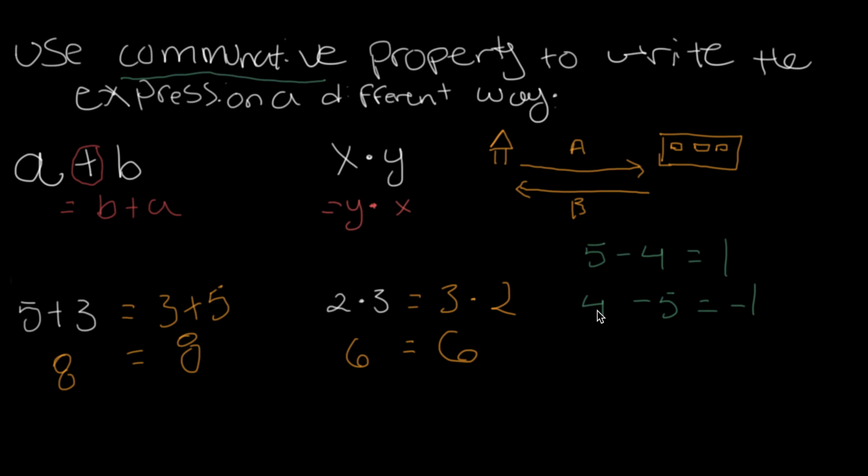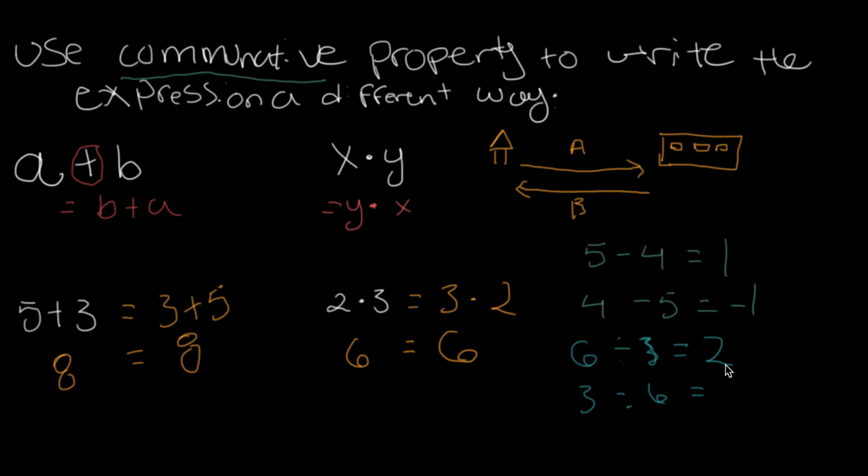So what if we were to try it with division? Let's say we did 6 divided by 3. 6 divided by 3 is actually 2, right? But if we were to reverse it and do 3 divided by 6, we actually get 1/2.